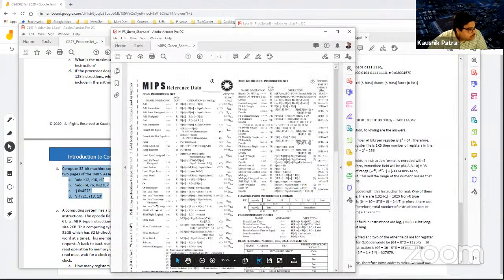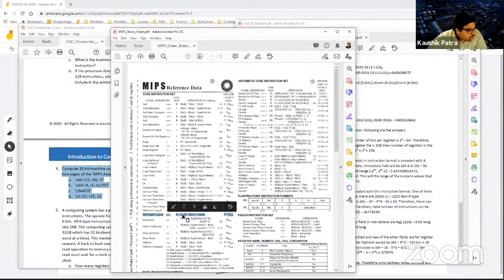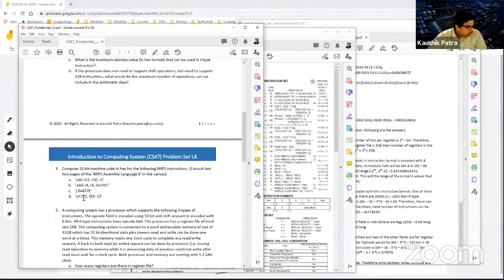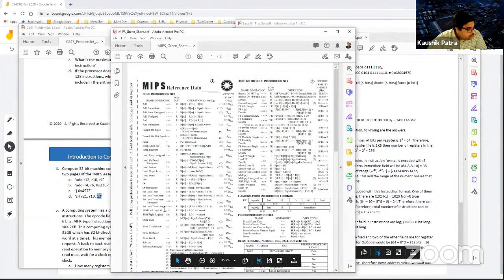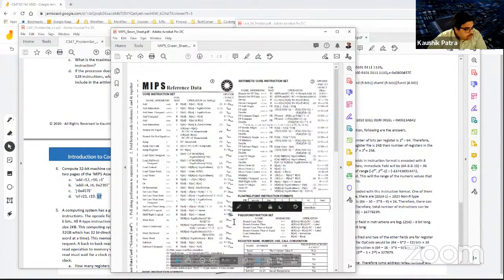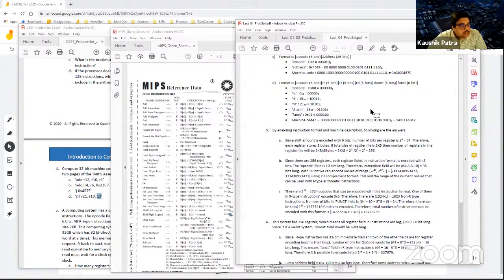So SRL is shift right logical, which is RD equals RT and the shift amount, right? So that means this is your RD, this is your RT, and this is your shift amount. Your opcode given for this is 0, and the function code is 02 hex.